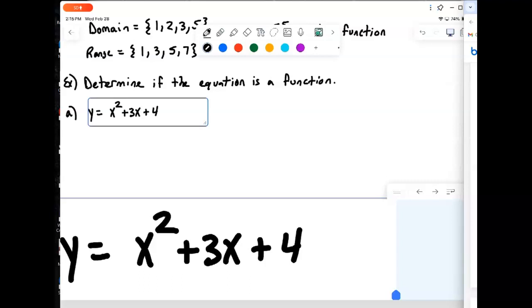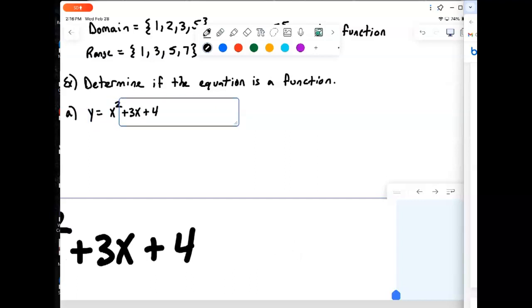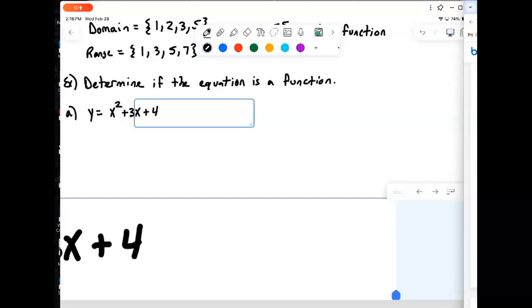Well, let's pick a number like 5, for example. If we square that, whatever number it is, 5 in our example, it's always going to give me the same answer. 5 squared in this case would always be 25. 5 times 3 will always be 15. 25 and 15 will always be 40. And when we finally add 4 onto that, 40 plus 4 will always be 44.